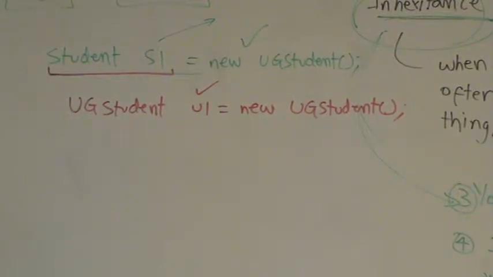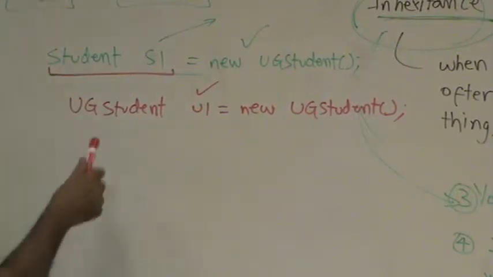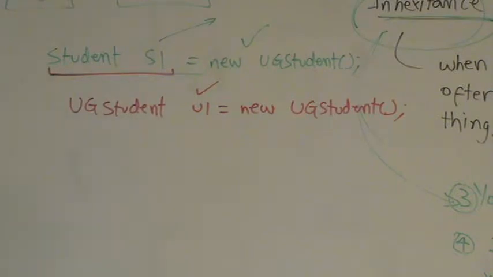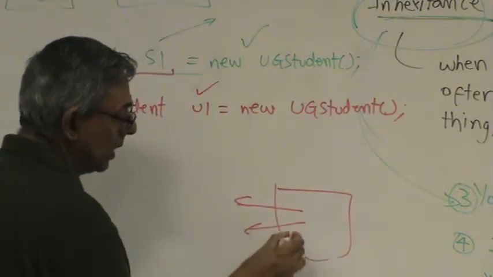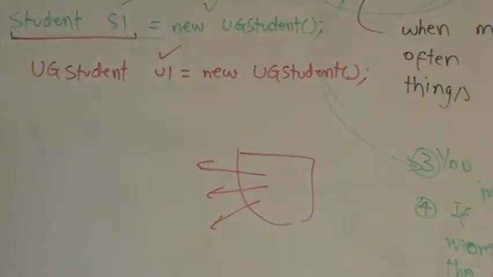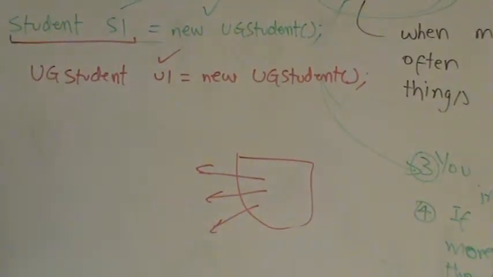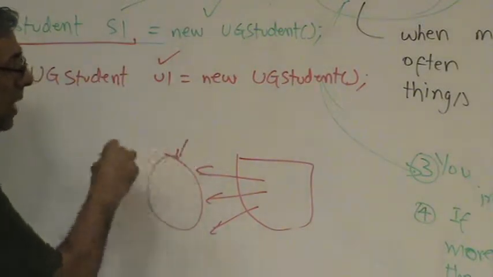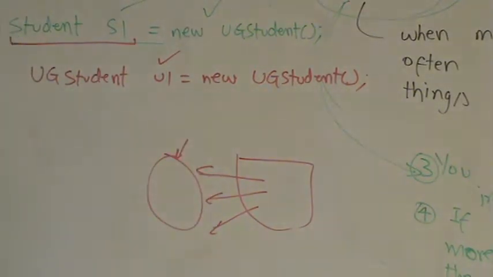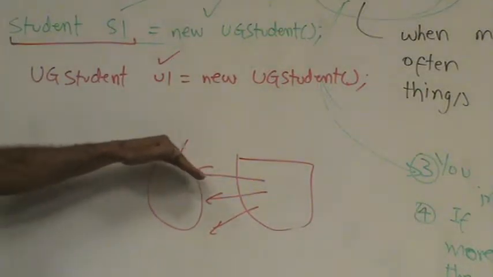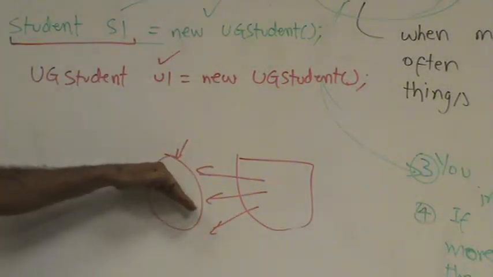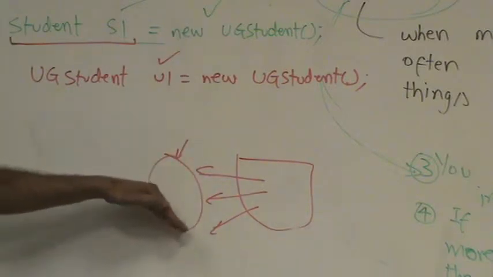And the answer to that is, in a simple application, you can get by with this, but as we create more advanced applications, where we are going to the database and bringing students, some of these may be undergrad students, some of these may be grad students, and we want to process all of them, for example, in a loop, then we need some kind of a reference that can point to an undergrad student as well as a grad student as well as a PhD student.